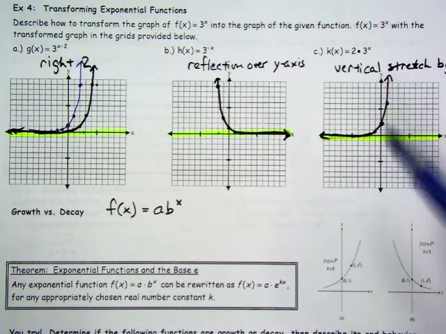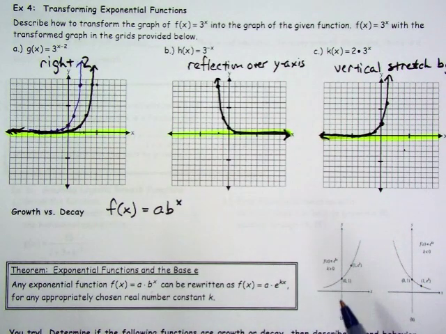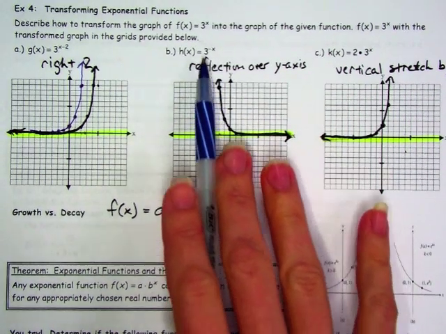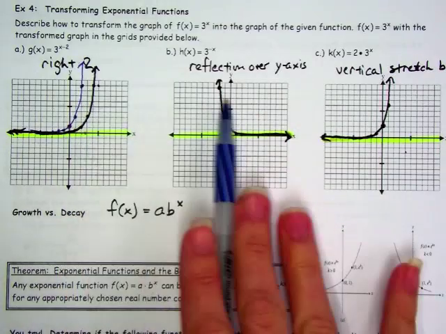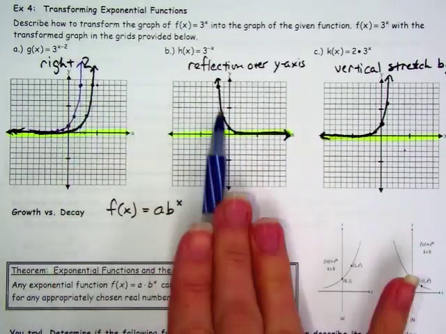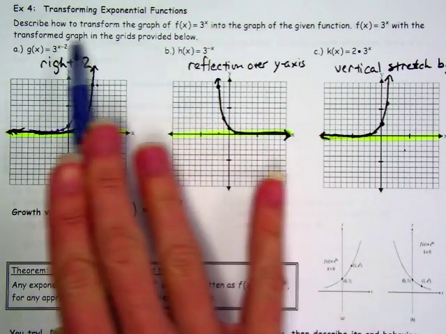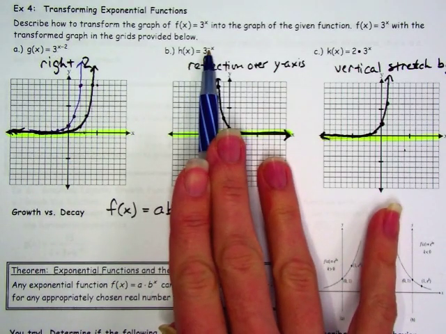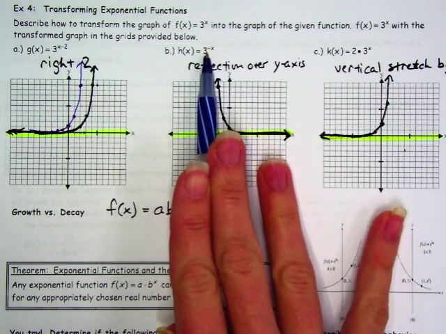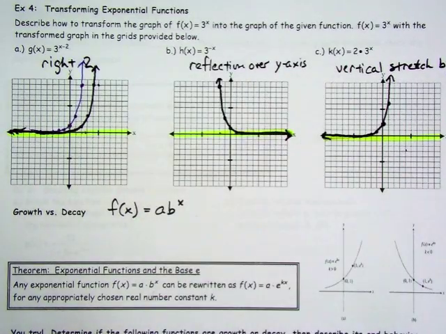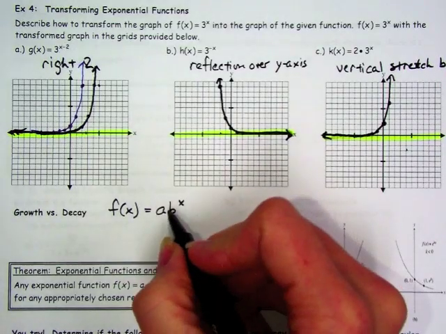The key to determine growth versus decay is really, nothing changed here about the a value. The a value is 1 for both of those. What changed is really the base. We don't see it here. They both look like a base of 3, but notice the negative. Really, that base is 1/3 because of that negative exponent. If we pay attention to our base, that determines whether we're growth or decay.